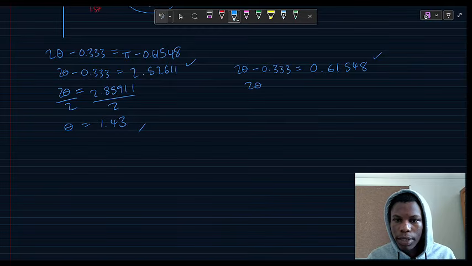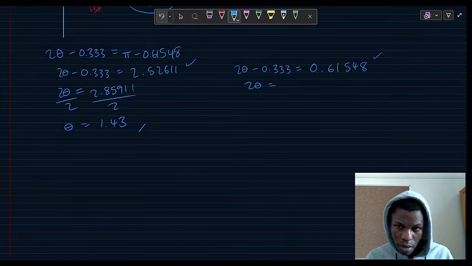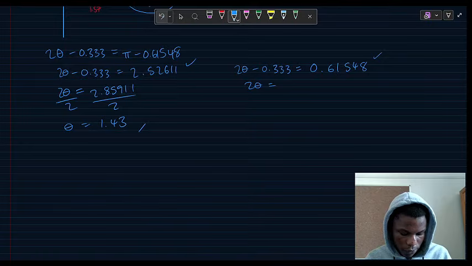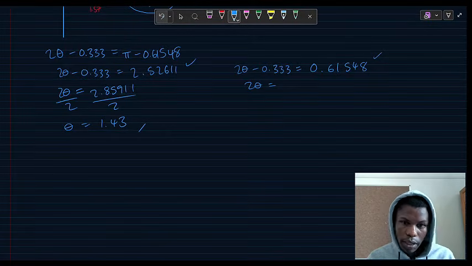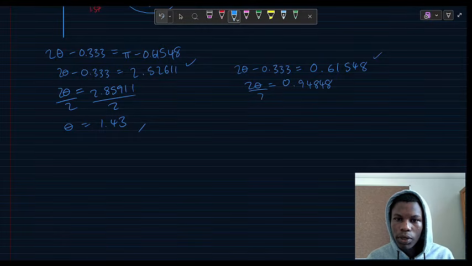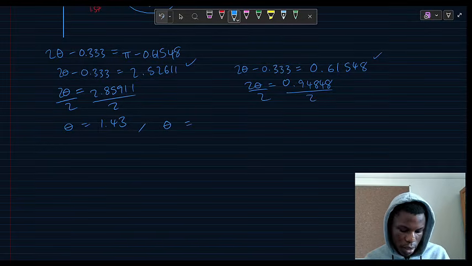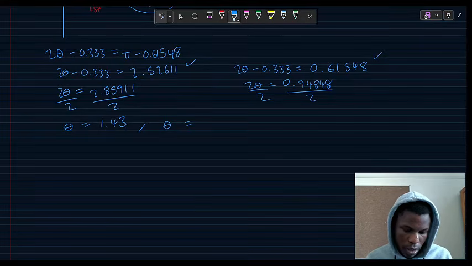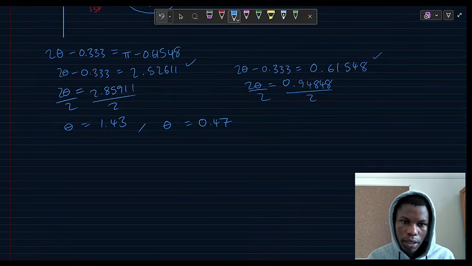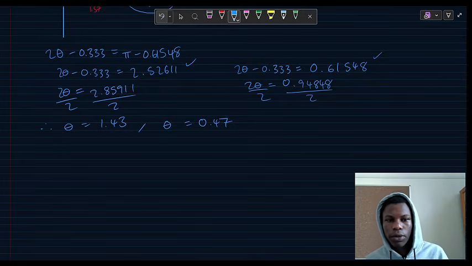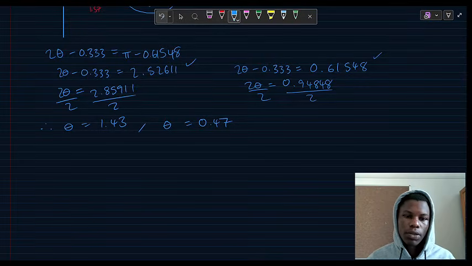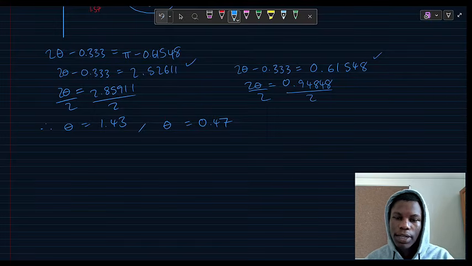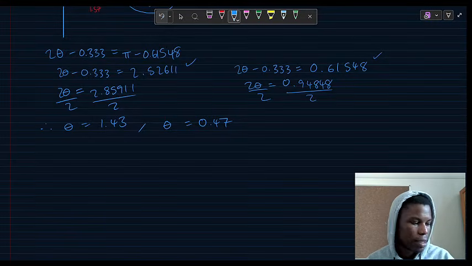Then let's do the same here. 2 theta is equal to 0.61548 plus 0.333, which gives us 0.94848. Divide both sides by 2. We get that theta has to be 0.47. So we can conclude that therefore theta is 1.43 and 0.47 radians, correct to 2 decimal places.